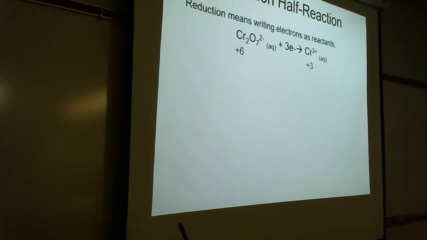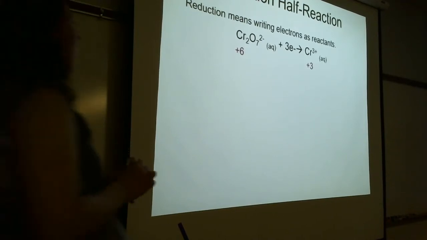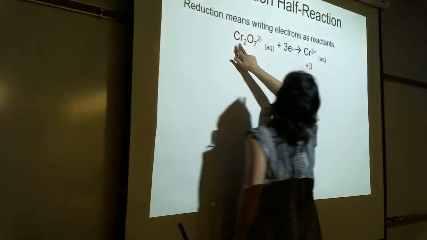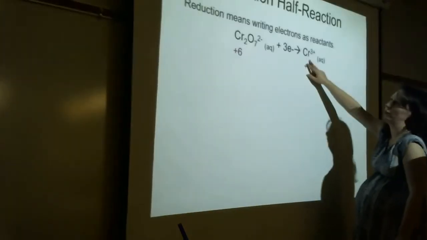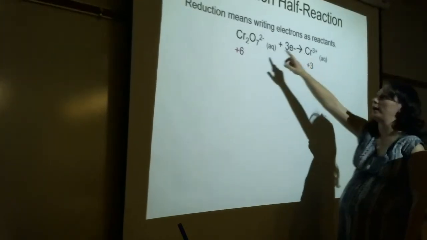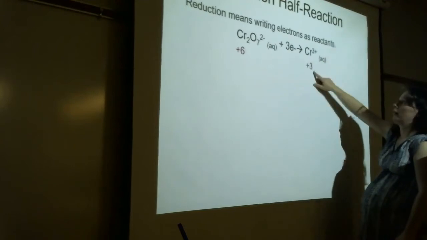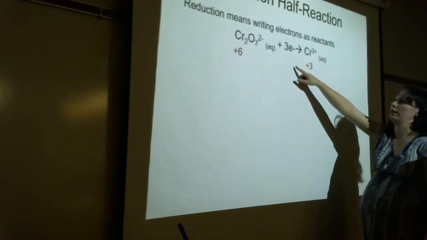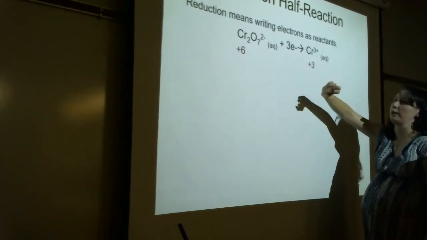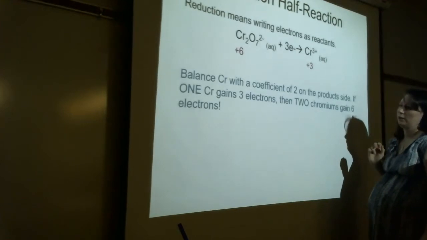But for the reduction, we do have to deal with a coefficient, right? The coefficient, essentially, I've got 2 chromiums on this side, 1 chromium on this side. If 1 chromium is gaining 3 electrons, what happens when there are 2 chromiums?